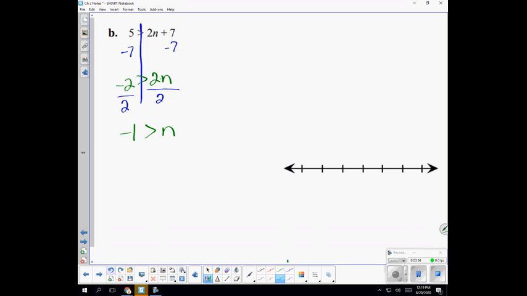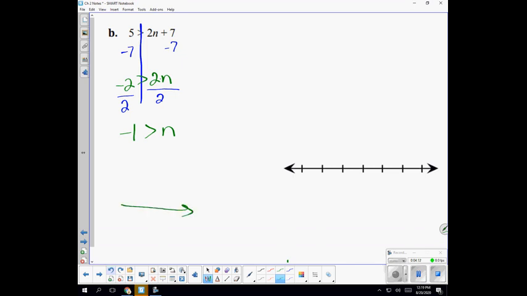Okay, now here we have a situation where our n is on the right side, not the left side. So I like it better when my n, my variable, is on the left side of the equation because I read these solutions from left to right, just like I'm reading a book.